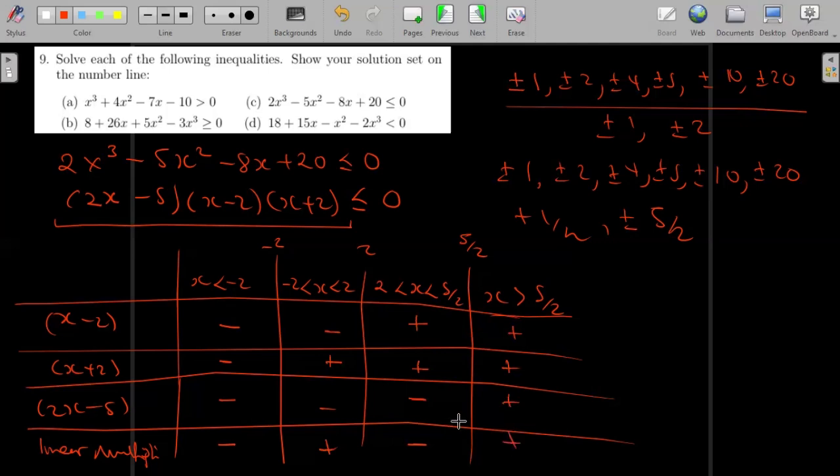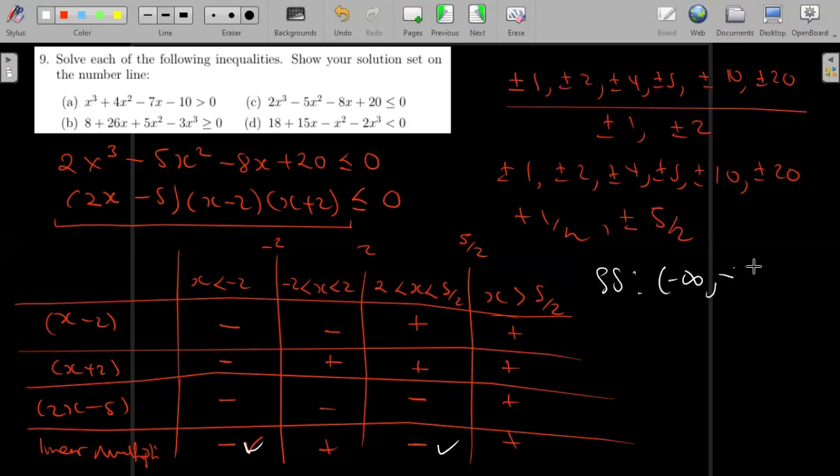So now, what's our concern? The question is asking us to find anything less than or equal to 0. So the less than part is the negative regions. Our solution set is going to be from negative infinity to negative 2, and it's okay for it to be equal to 0, so negative 2 can be part of the solution.